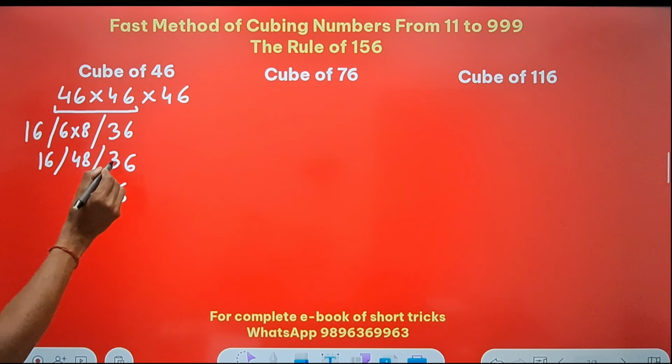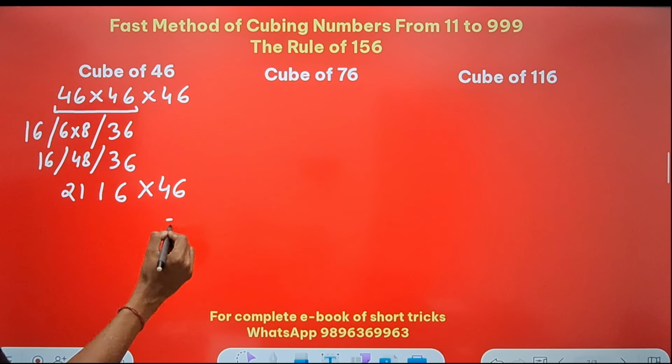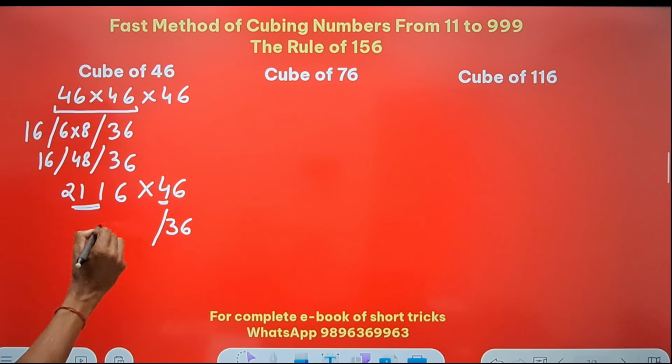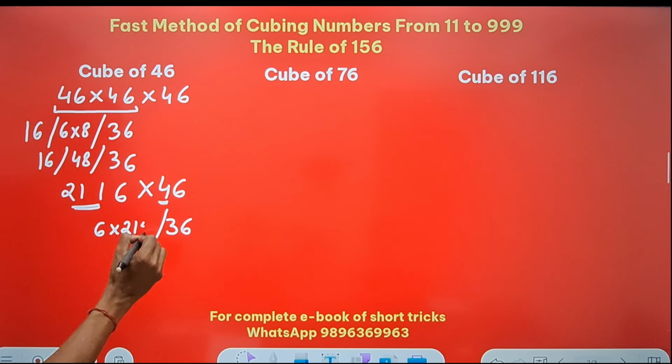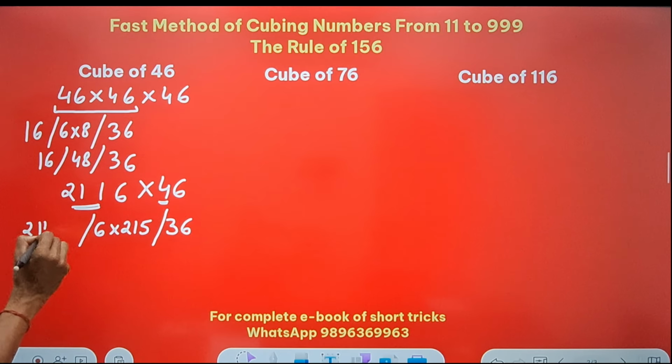So 6, 3 goes here, so 51 means 1, 5 comes here, so 2, 1. This is the square, and now multiplication by 46, I'll get a 36 again, and then 211 and 4 is 215, which I have to multiply by 6, and then 211 times 4.